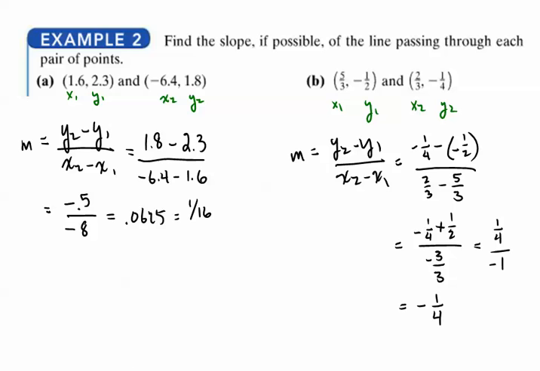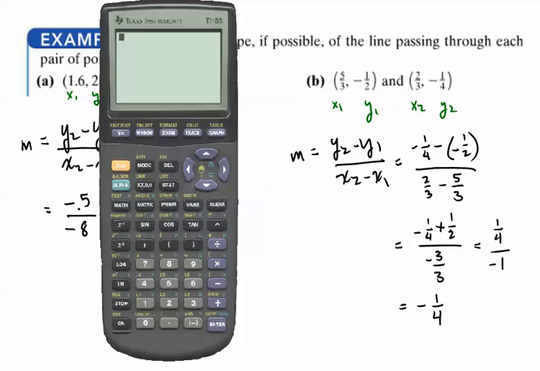Now we can go to our calculator, and let's see how we might accomplish the same thing here. When you have fractions, be careful. Let's put the whole numerator in parentheses.